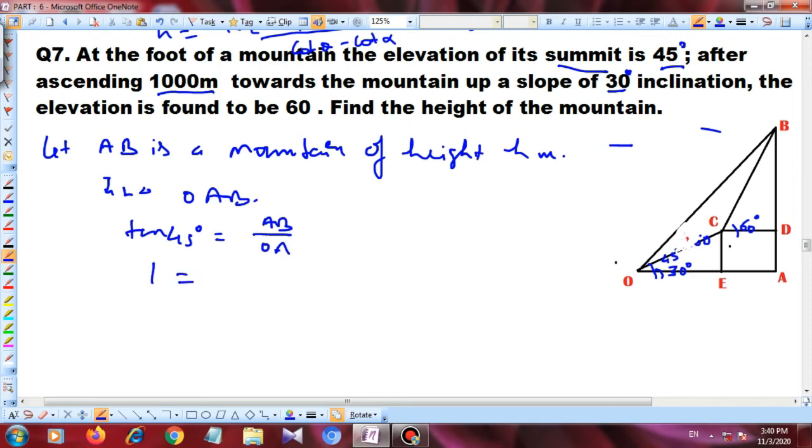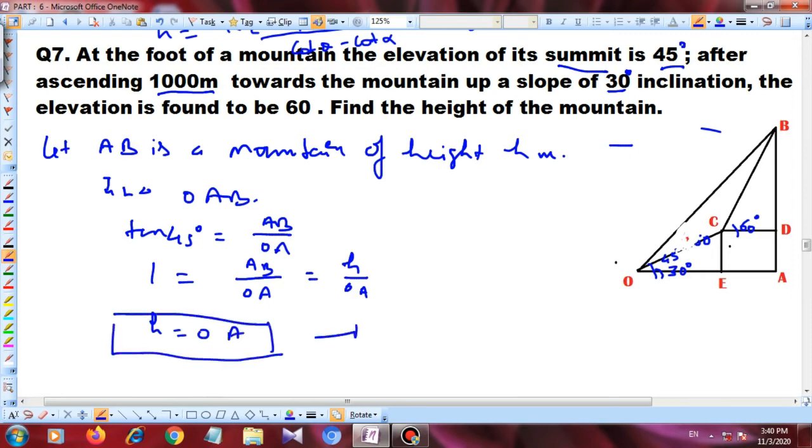The value of tan 45 is 1. AB is H, so H equal to OA. This is our first equation.